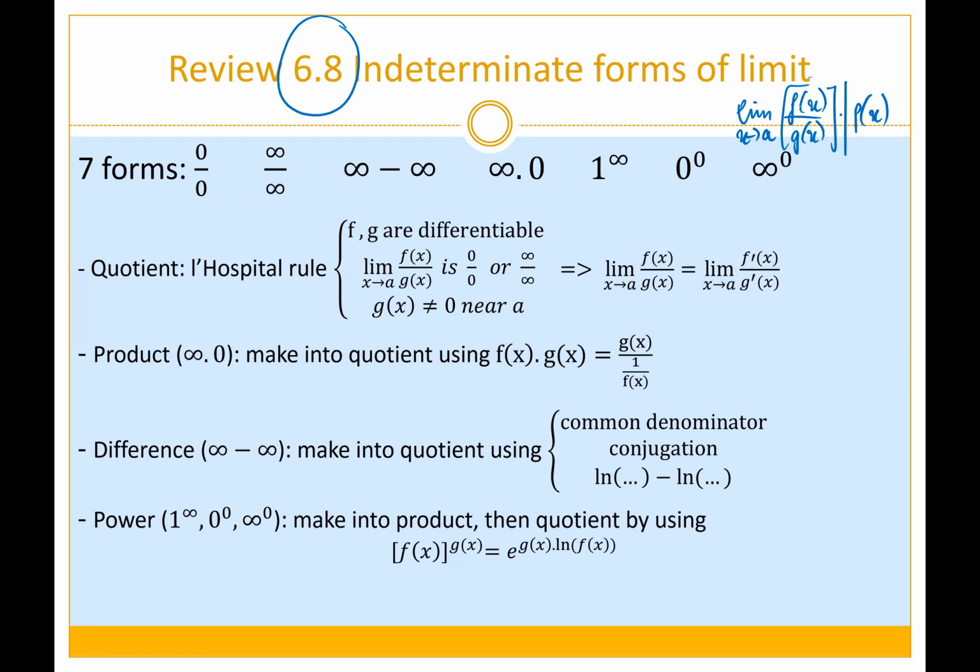So by principle, L'Hôpital's rule cannot be used if the limit is not in one of these 7 forms. When we have one of these 7 forms and a quotient like these two, then we apply L'Hôpital's rule by making sure that first your f and g, the numerator and denominator, are differentiable, and the limit, as I said, when you plug in has to be in one of these 2 forms, and g(x) has to be different from 0 near a, so g(x) has to be defined at a.